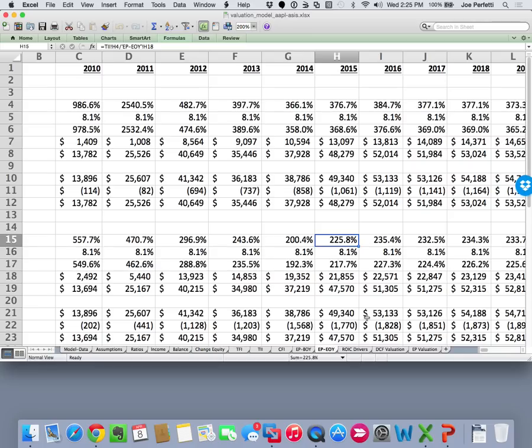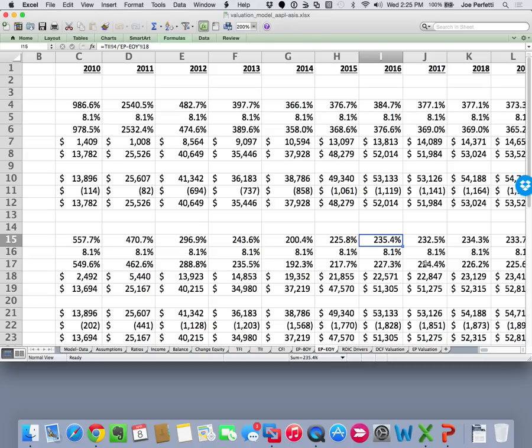So with that in mind, I've got to figure out what a go-forward ROIC represents. I looked at 225.8 and I said, this is a crazy, ridiculous ROIC. Then I looked at 235 and I said, this is a little bit more ridiculous, but still ridiculous. Like I said, I'm not talking about the difference between 25 and 30%.